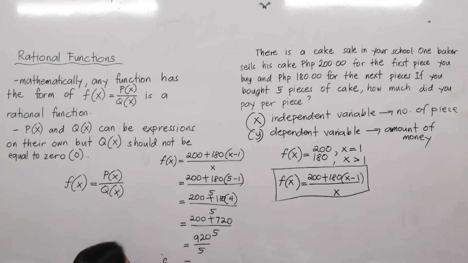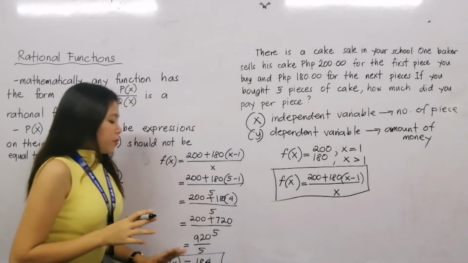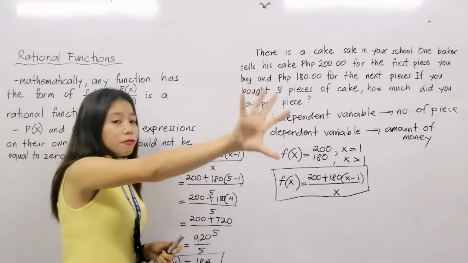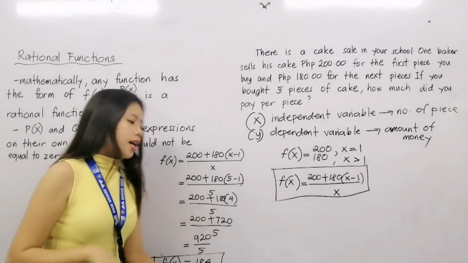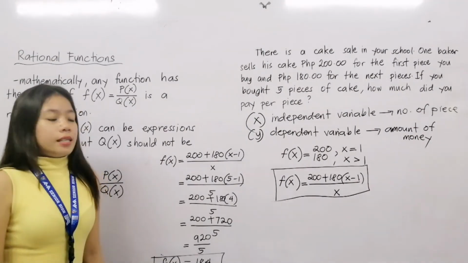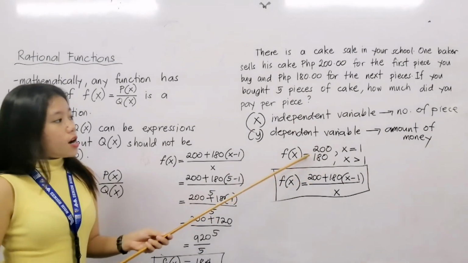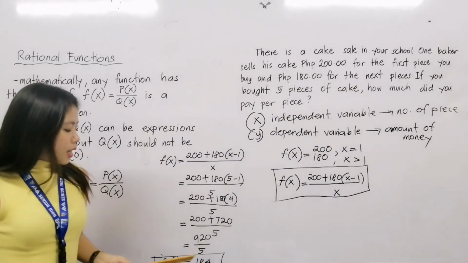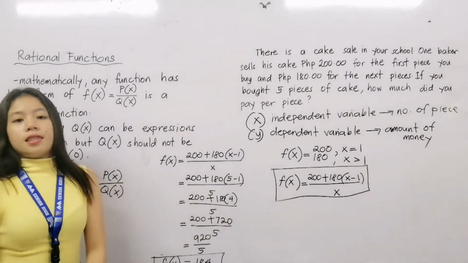Our value is no other than 184. Therefore, yung presyo ng kada cake, we're gonna have 5 pieces of cake, yung presyo po ng kada cake is no other than 184 pesos. That will be our value for the amount of money. Yun po yung f of x. Ito po yung value na na-obtain natin.